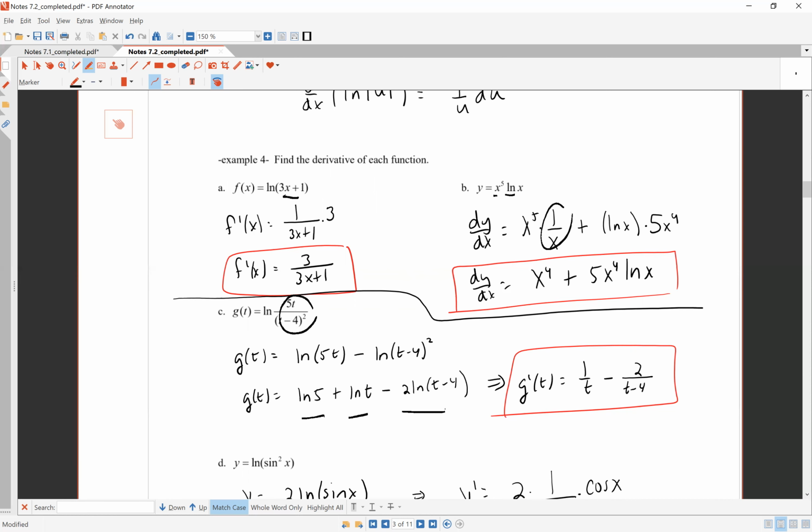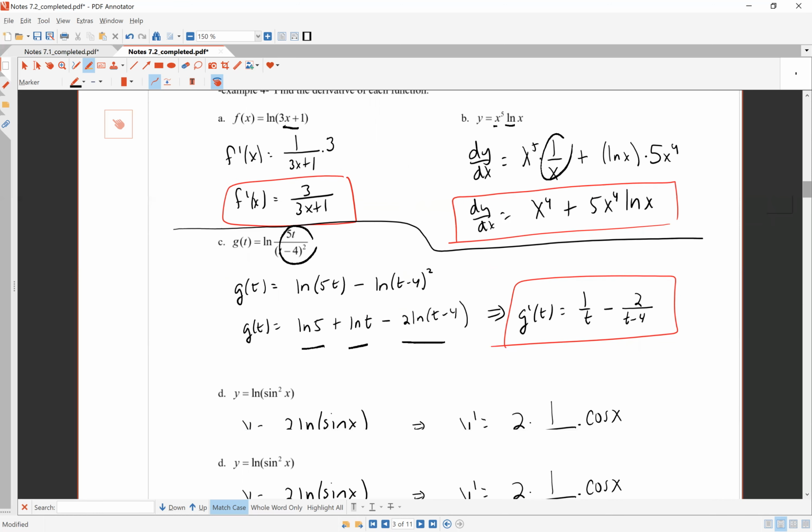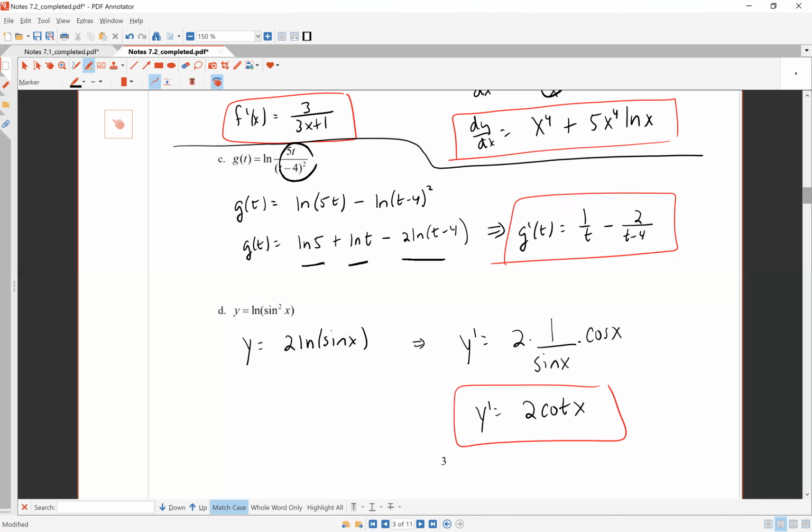And now just take the derivative, so you don't have to use the chain rule. The log of 5 is a constant, so its derivative is 0. The derivative of log t is 1 over t. And the derivative of 2 log of t minus 4 is 2 over t minus 4.